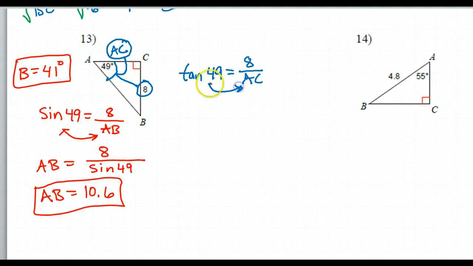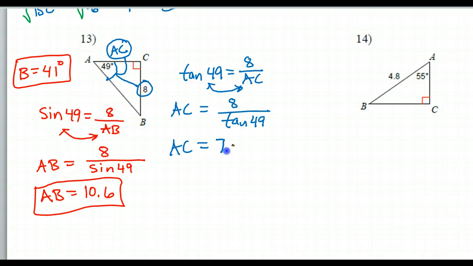Unknown in the denominator means let's do this reversal. So that means that AC is going to equal 8 over tangent 49. That means AC equals 7.0. Okay. Last problem, because we found all three things for number 13.